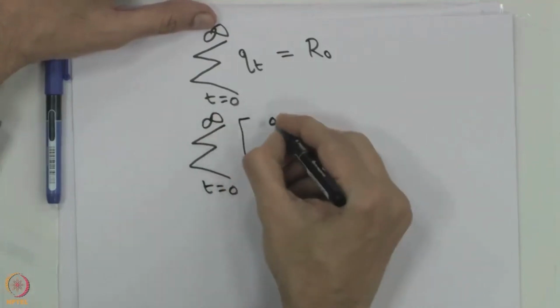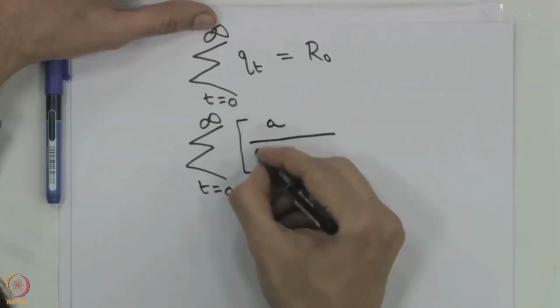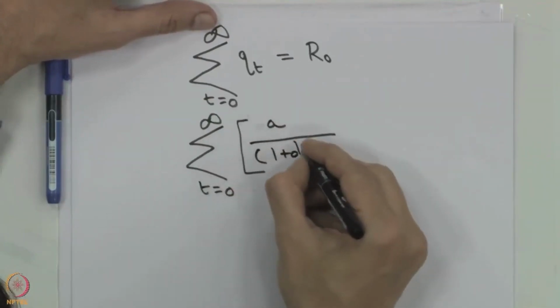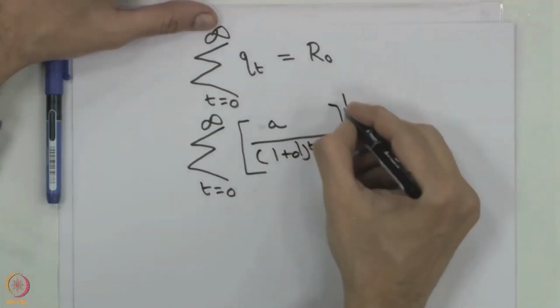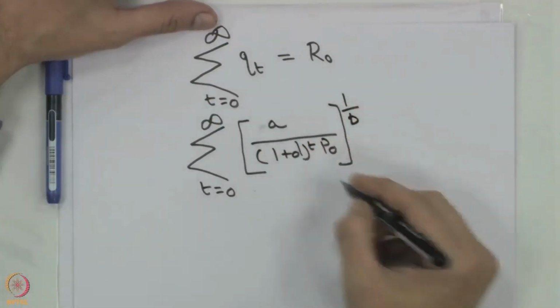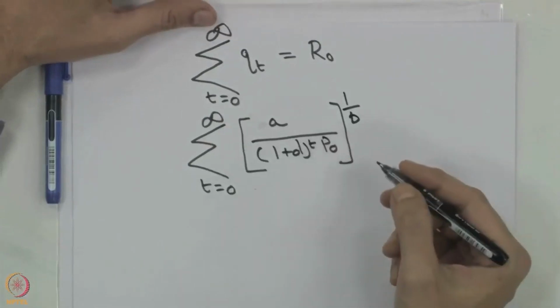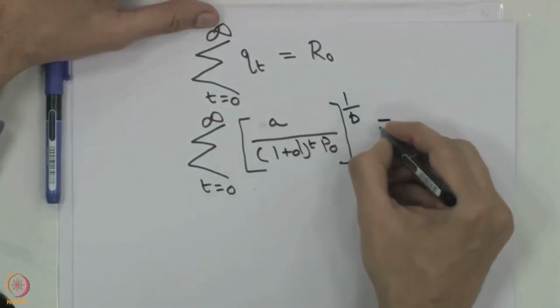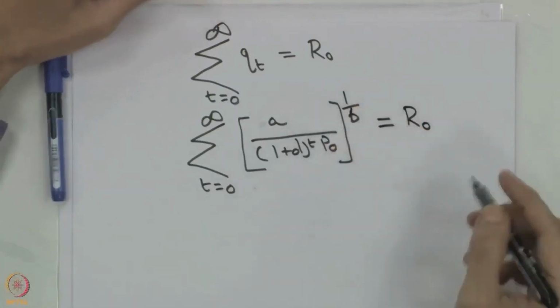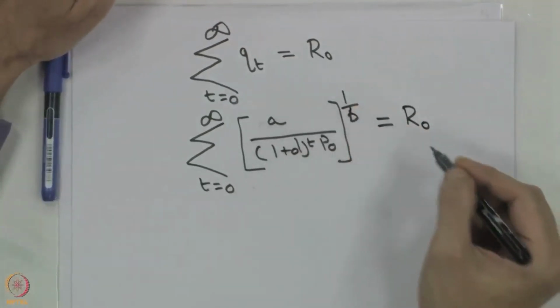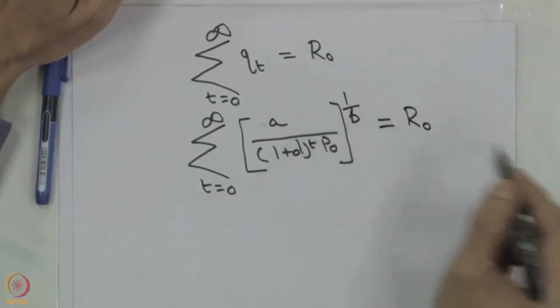Now, we plug in this value. What we want to do is determine this value of p0. In the earlier case we had the value of p0. So, we want to find p0 in terms of the known coefficients A, B, R0 and d.